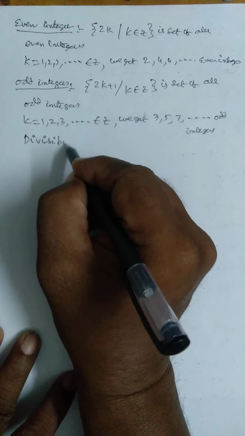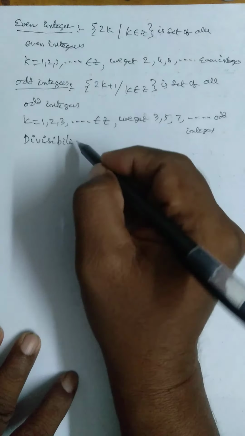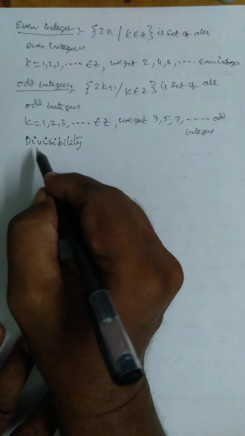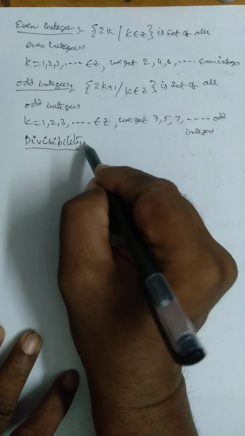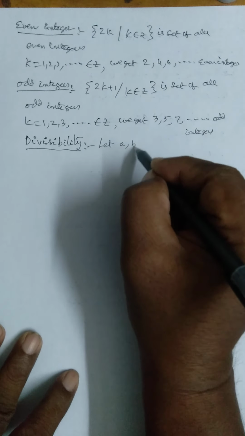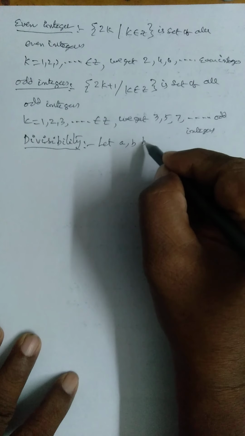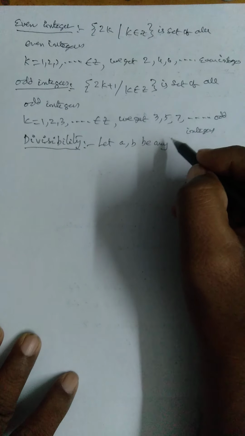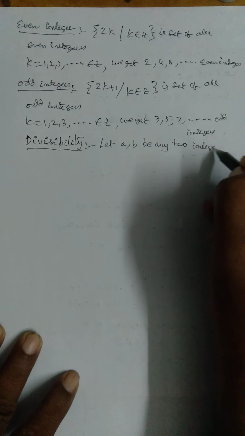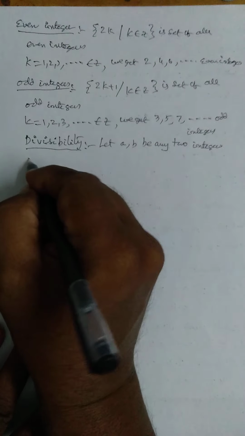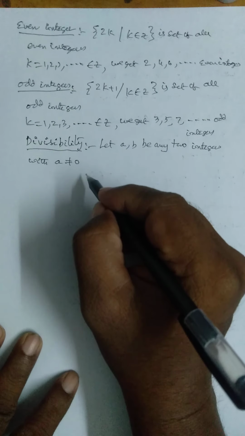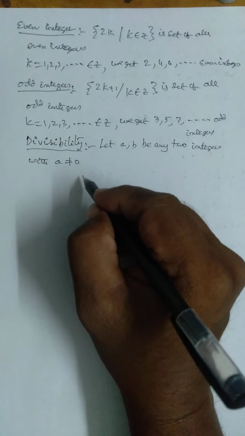Divisibility. Let A, B be any two integers with A not equal to 0.